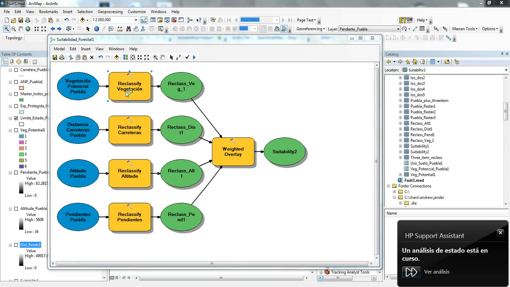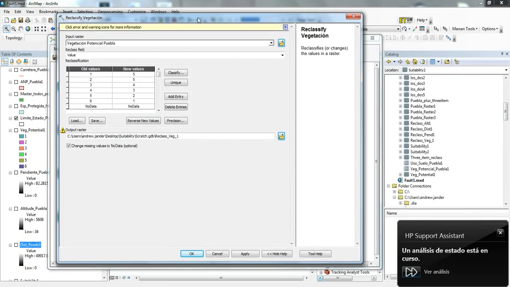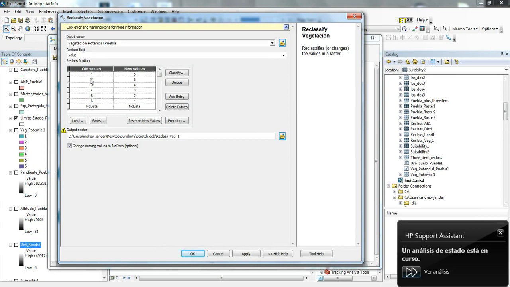So if you look here, I'll open up this one first. These are the different types of vegetation that we have, and then I reclassified them, giving them a value between 1 and 5 based on their available use, or how good that area is for forestry.